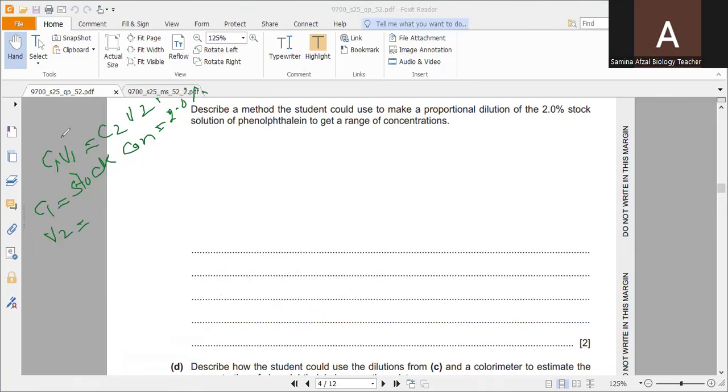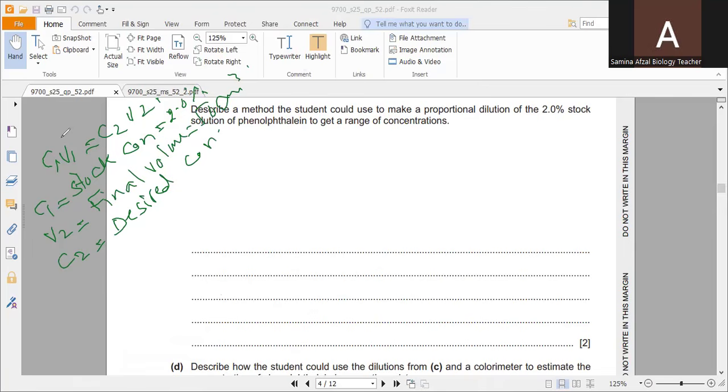V2 is the final volume, which is 50 cubic centimeter. We have to make this volume of each concentration. And then C2 is the desired concentration, which we will make over here as, for example, 1.5, 1.0, 0.5.